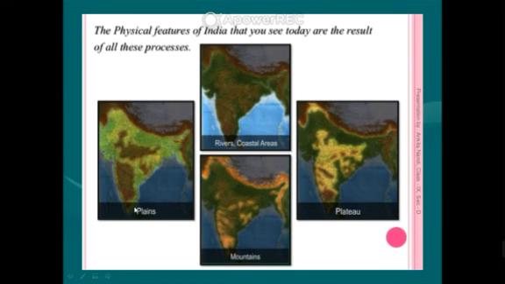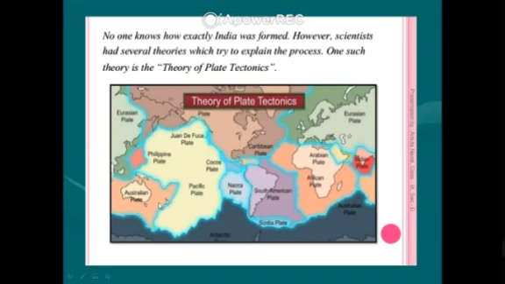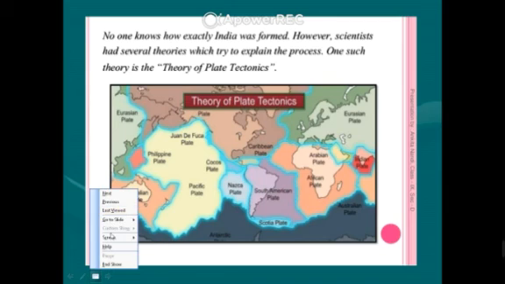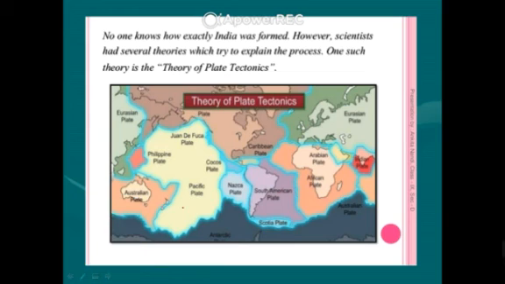Okay, so let's start. And these are the plate tectonic theories. Plate tectonic theory was given by Wegener, an important geographer, who gave the principle of plate tectonics. Okay, and with plate tectonics we cover the Indian subcontinent. You know everyone, various types of plates are located in our earth's crust, and plates move from one place to another.